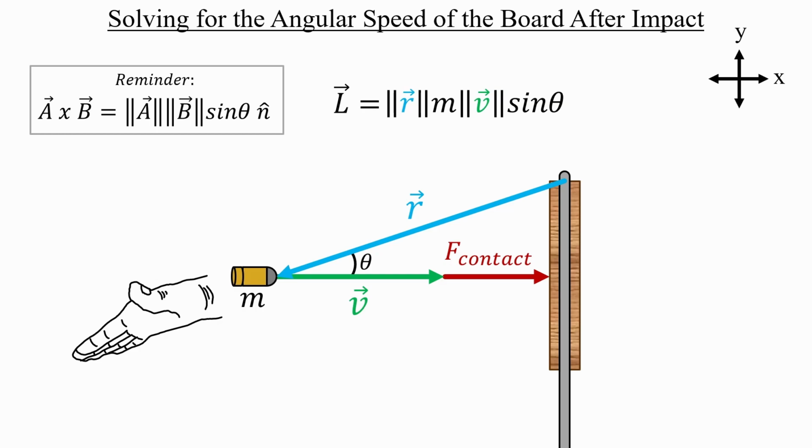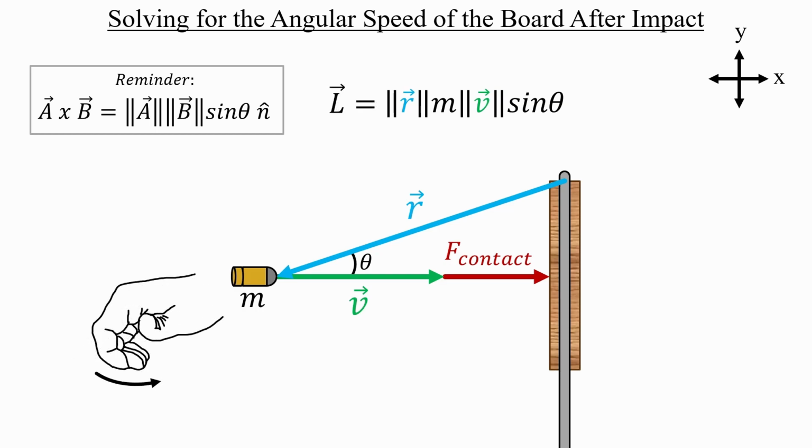So your hand should look like this. Here you can see that our thumb will be pointing towards us, out of the screen, which is what we typically define as the positive z-axis. So this means our generic n hat unit vector will be a z hat vector for this particular cross product.